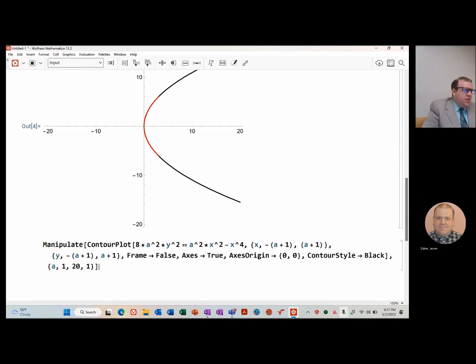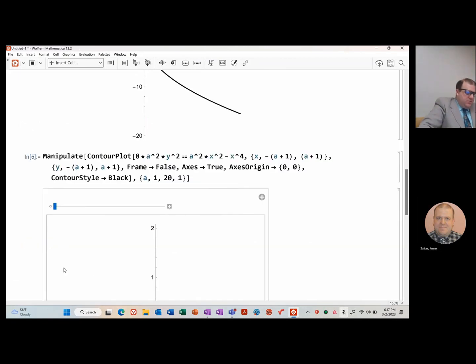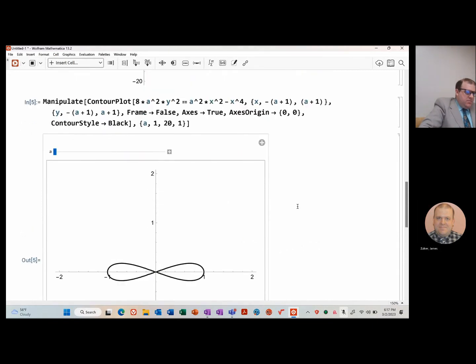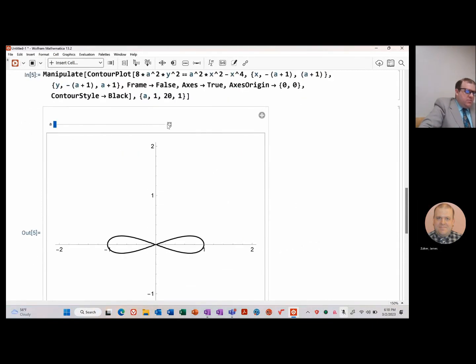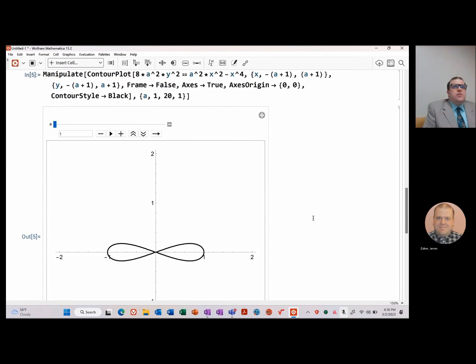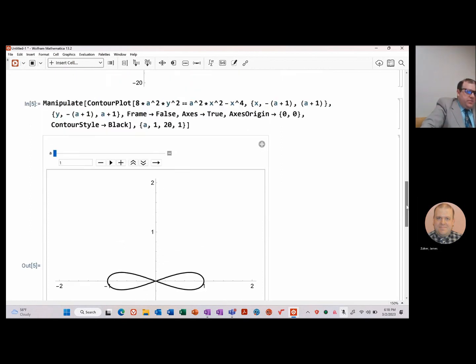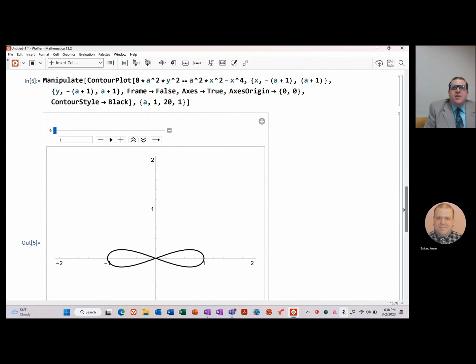I'll just change it by 1 each time. All right, so let's see what happens as A increases from 1 to 20. I'm just considering integers.